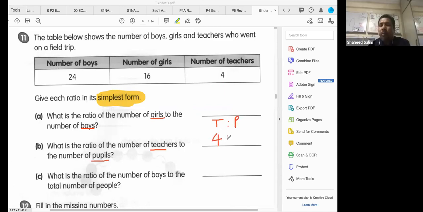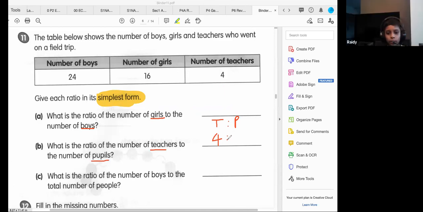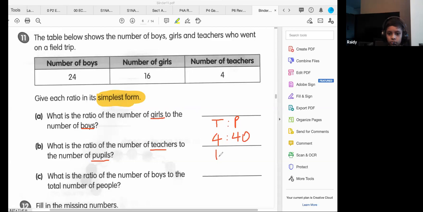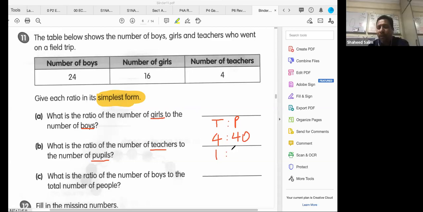Okay, 4. How many pupils are there? There are 40 pupils. 40. Okay, good. So now you reduce lah. Divide by 4, you get 1. 40 divided by 4. 10. 1 is to 10. This is correct. That's why I'm not too sure how you get 5 is to 6.